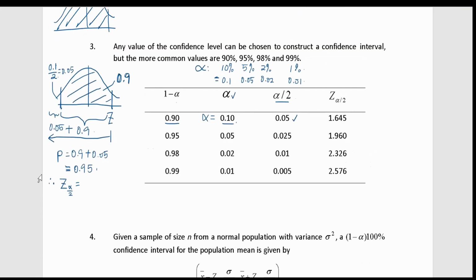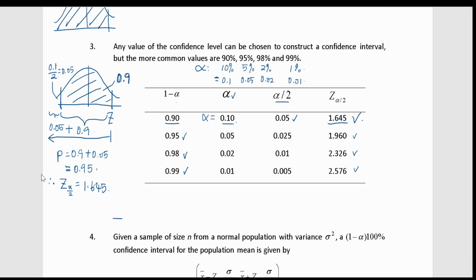Now I come back to here. The z-score value is 1.645, so that is how this value is found. The same thing applies to 95%, 98%, or even 99%, which have their corresponding z-score values.